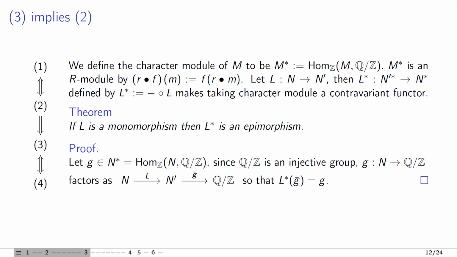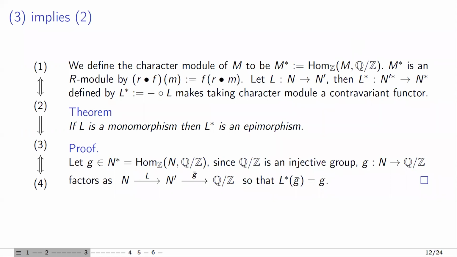And the nice thing about this functor is that it sends monomorphisms to epimorphisms, in other words, it sends injections to surjections. The key part of the proof is to realize that Q quotient by Z is actually an injective group.